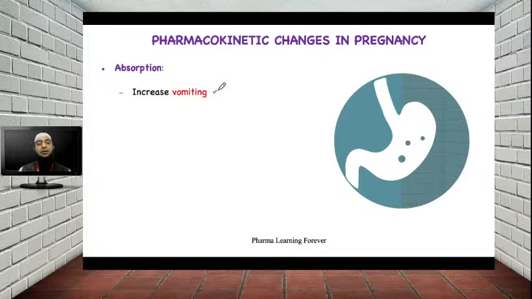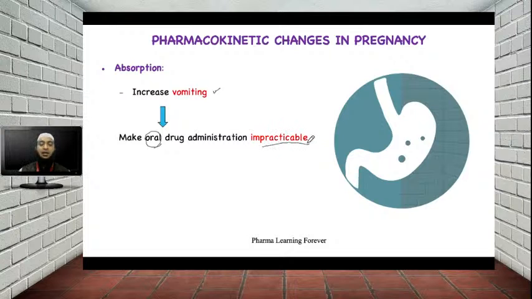Since there is an increase in vomiting, if you administer a drug through the oral route, this drug administration is almost completely impractical. Why is it impractical? Because whatever drug goes into the stomach will be expelled through vomiting, isn't it?